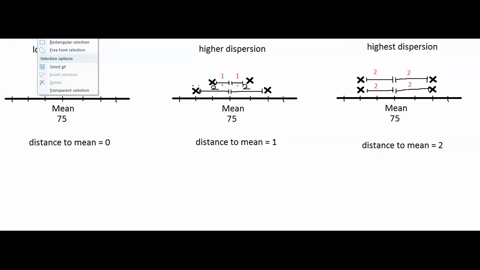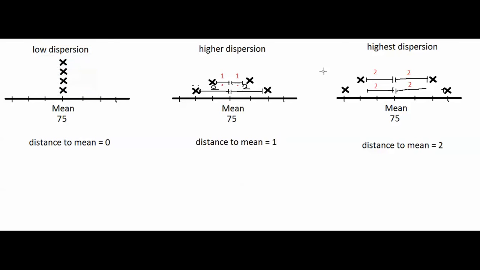And what if I had an outcome like this, where one student was out here, and one student was out here? So now the exam scores are 72, 73, 77, and 78.